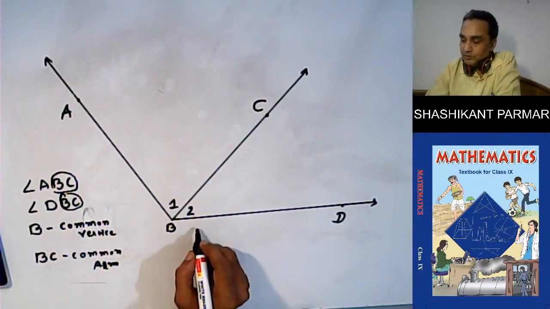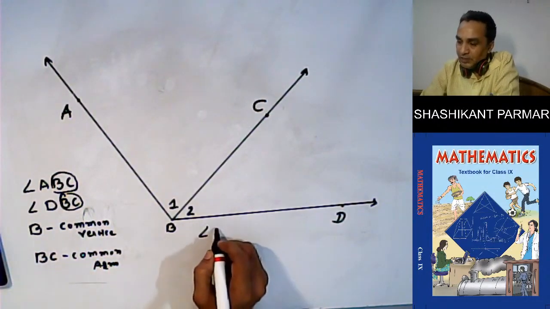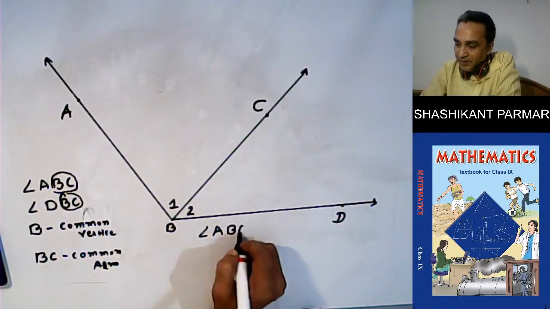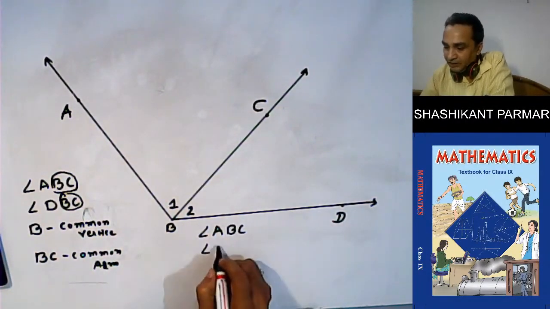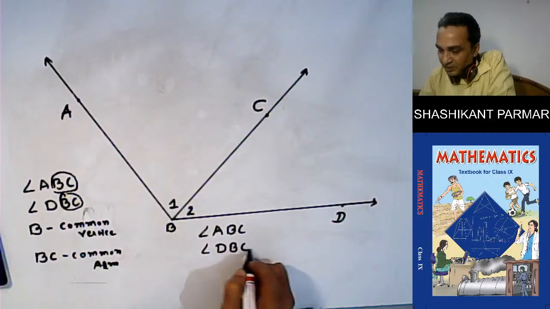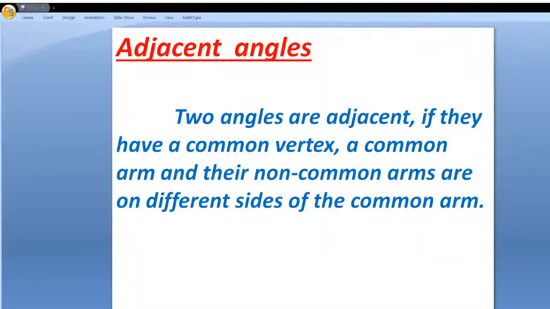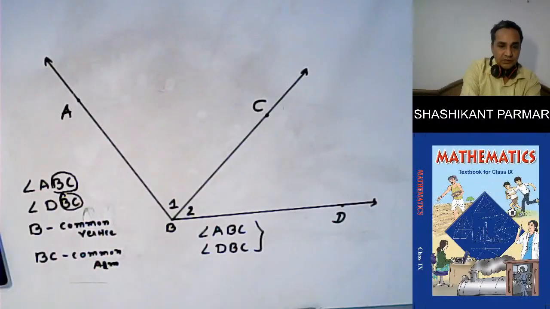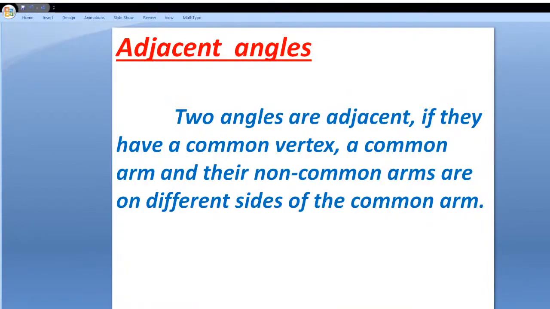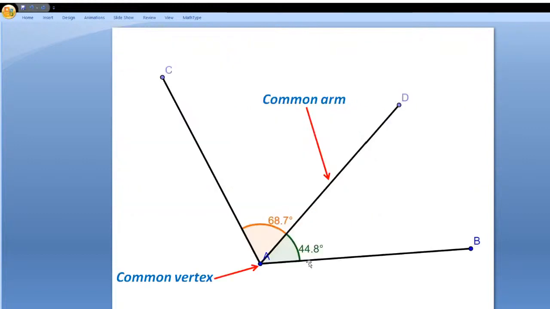So in this situation, angle ABC and angle DBC are called adjacent angles. See here.